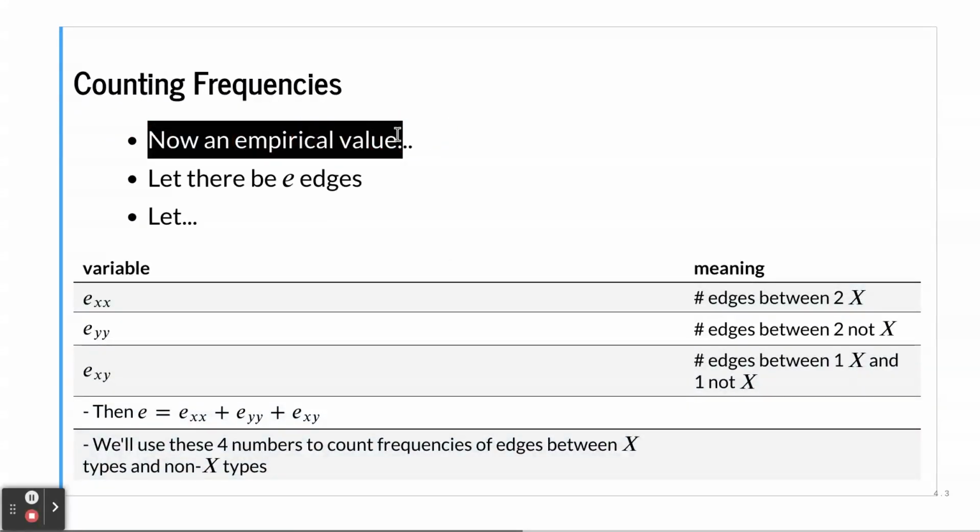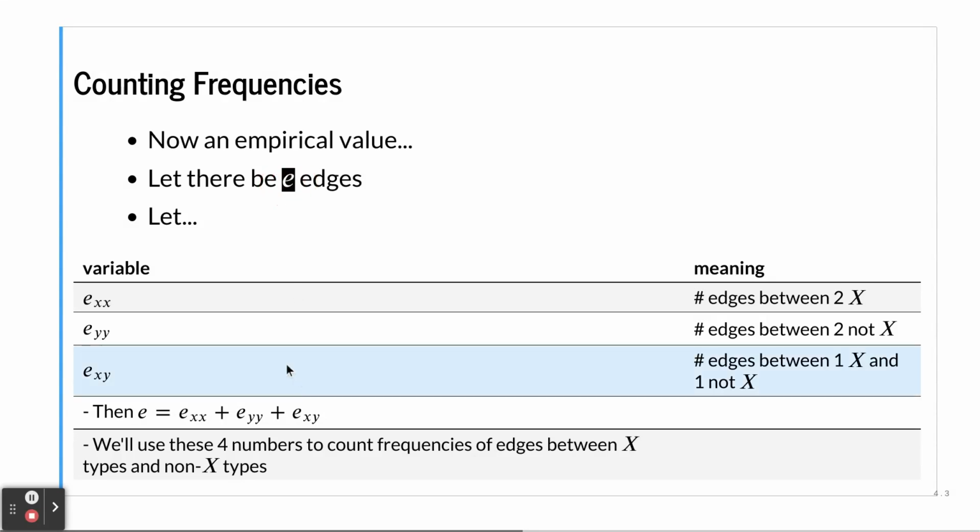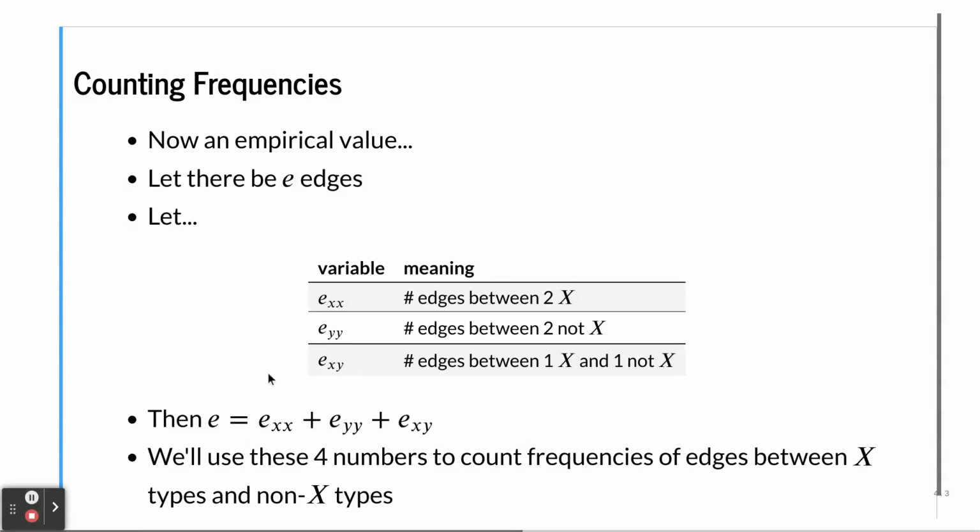Now let's get an empirical test value. So let there be a total of E edges in our network. And furthermore, we're going to attach a little bit more notation here. We will say that E sub xx is the total number of edges between two nodes that both have property x in common.